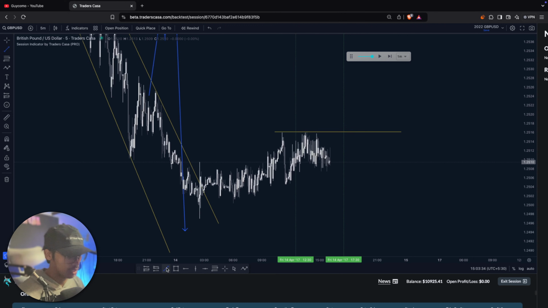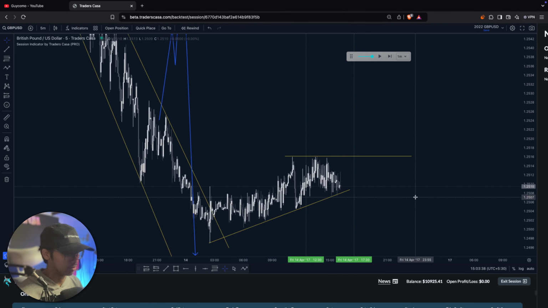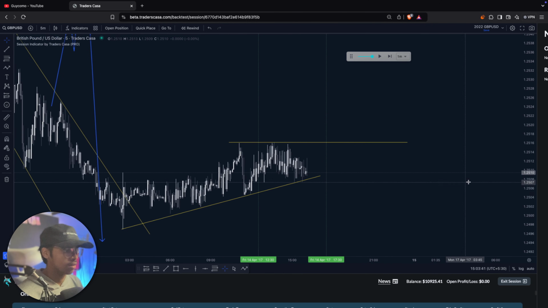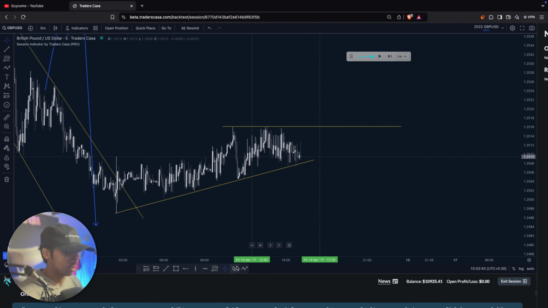And also for the retailers to get caught, there is some kind of liquidity present here. Okay, so one rally higher, then in a downward direction. Let's see if I could get this or not. Okay.